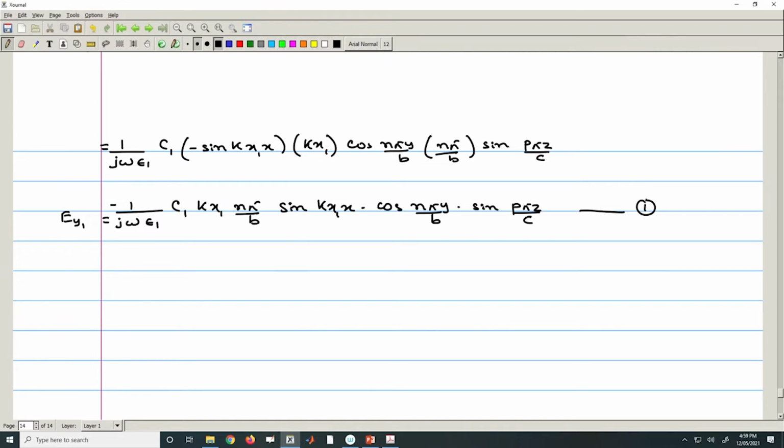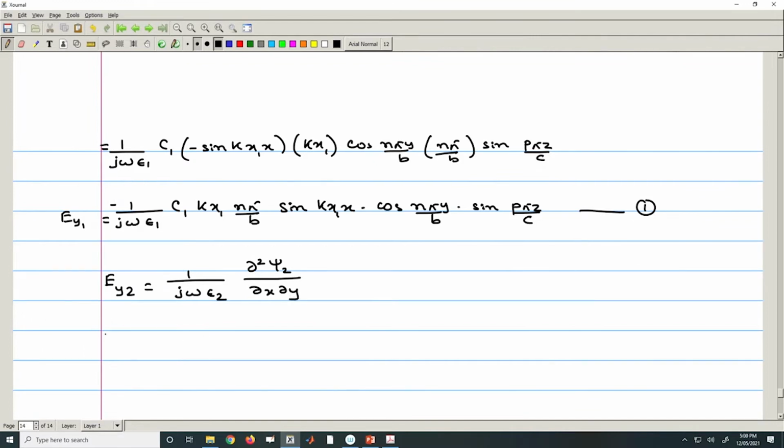Now, EY2. EY2 will be 1 upon j omega epsilon 2 del square psi 2 upon del x del y.